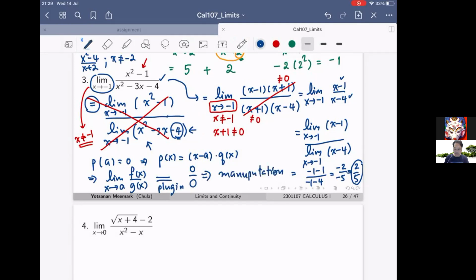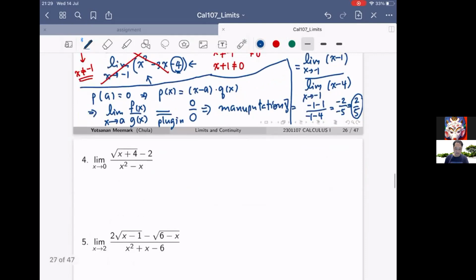It is not that because the bottom is 0, things collapse. We can play with it a little bit, and after doing a manipulation, sometimes you may be able to determine the limit.